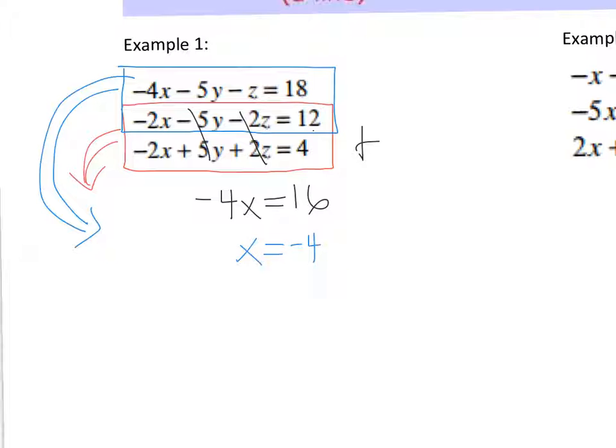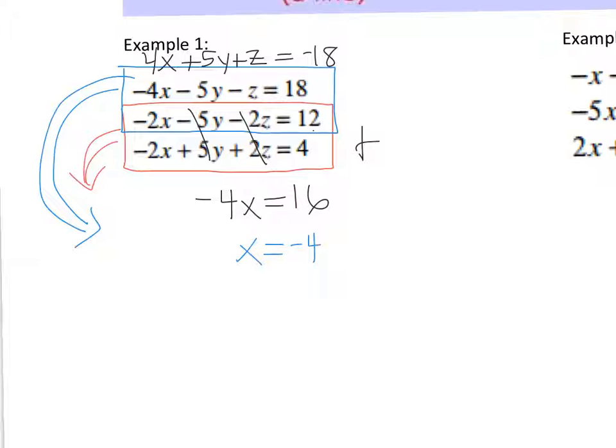Now I can look at the 2 blue equations that I highlighted, and I'm going to eliminate the y's. I'm going to eliminate the y's by making all the signs opposite for the top equation. So it's going to be 4x plus 5y plus z equals negative 18.